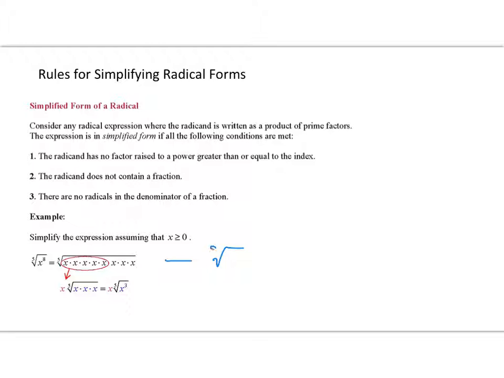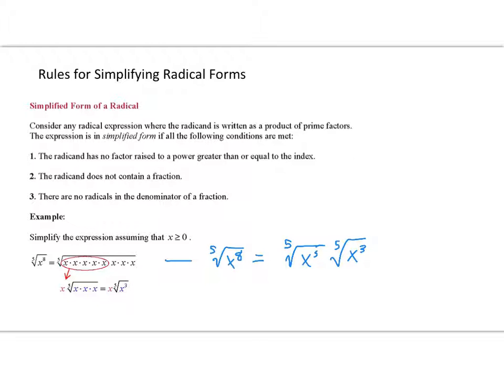We can write it this way: the fifth root of x to the fifth, times the fifth root of x to the third.